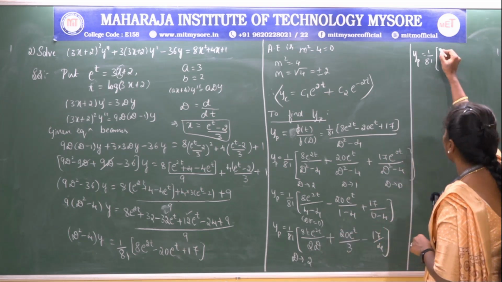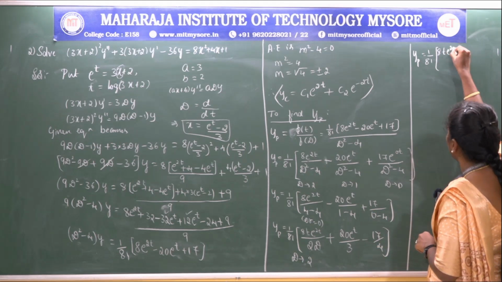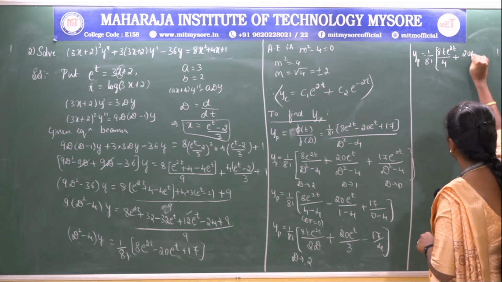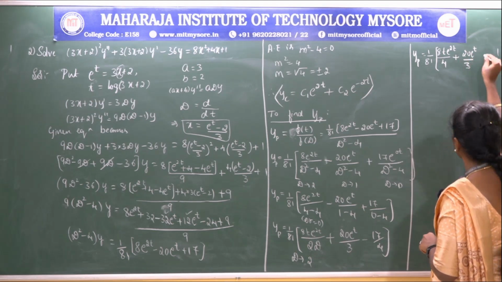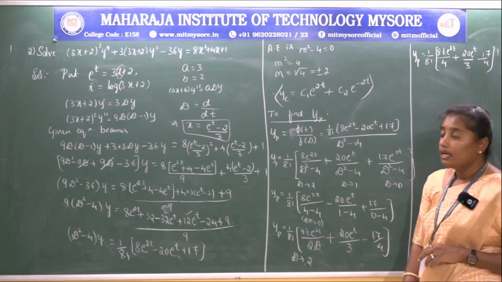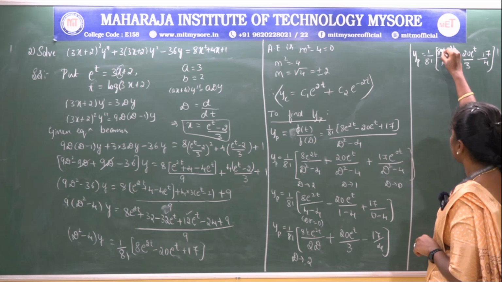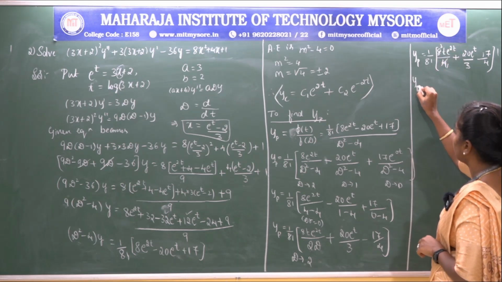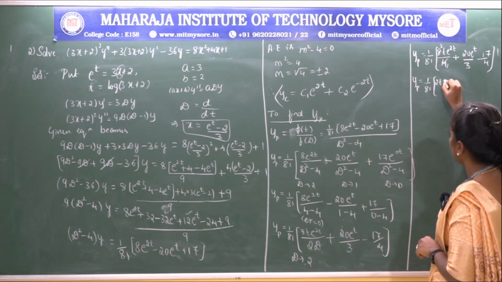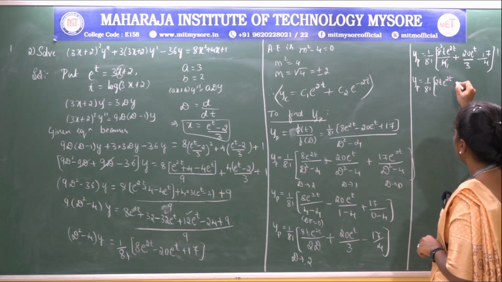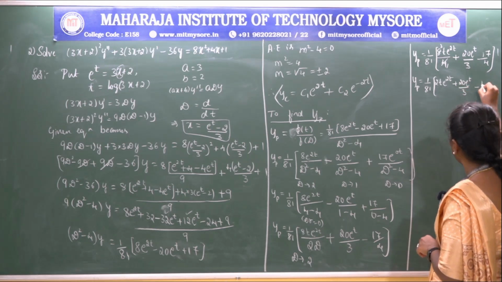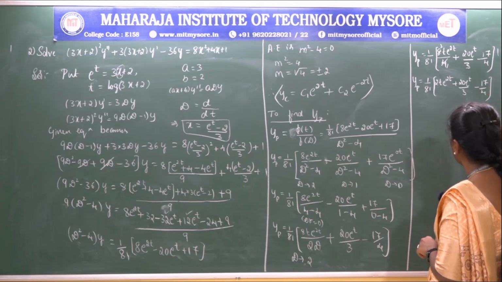So hence 8t e power of 2t divided by 4 plus 20 e power of t divided by 3 minus 17 divided by 4. Again simplifying this, 4 ones are 4, 4 twos are 8. So the final particular integral value is 1 over 81 times 2t e power of 2t plus 20 e power of t by 3 minus 17 divided by 4.